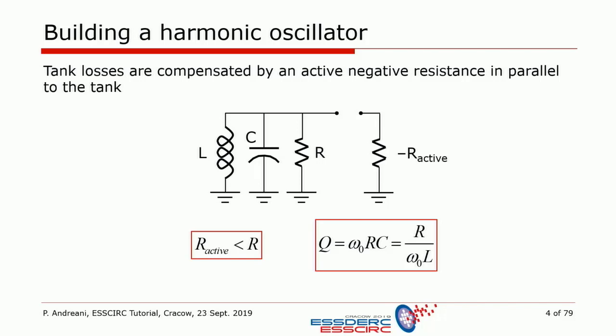And finally, we also, for convenience, define the quality factor of this LC tank as the ratio of the impedance of the capacitance or the inductance at resonance. They are basically the same. Sorry, that could go to the denominator, and to the numerator there is the parallel resistance of the tank. So in this case, as you can see, ideally this resistance is infinite.